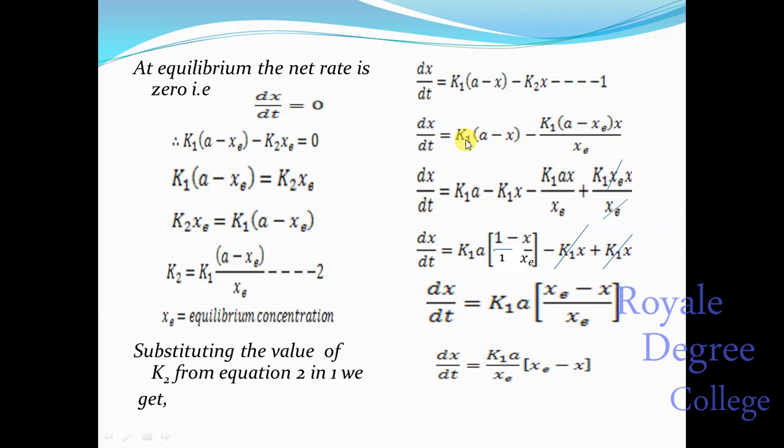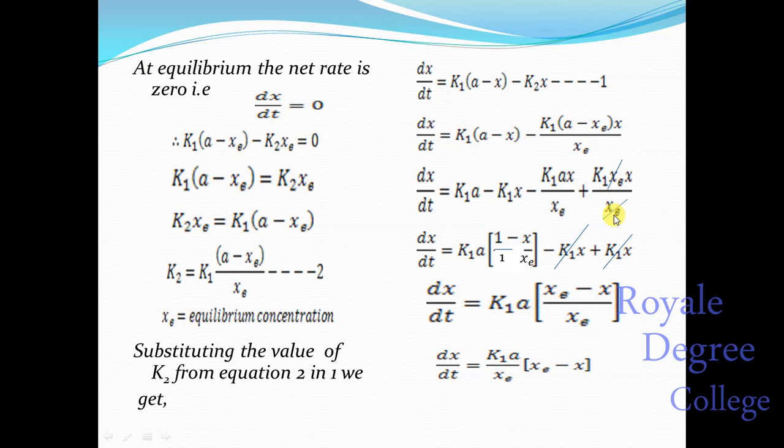Then the next step, we are opening this: K1 into a, K1a, then minus K1 into x, K1x, minus K1 into a into x, so K1ax by xe, and then K1 into xe into x divided by xe.